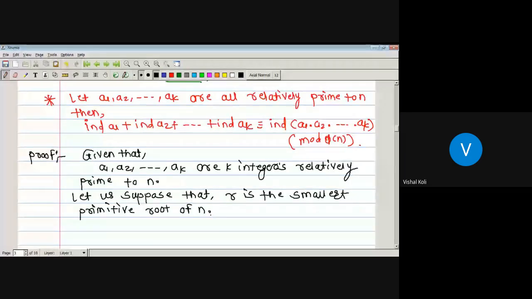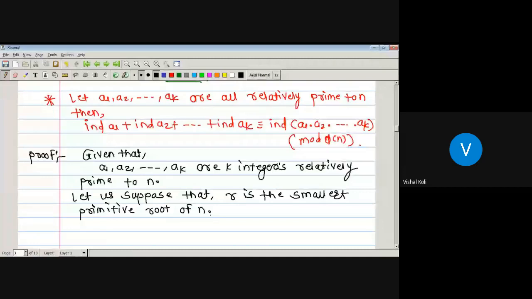Then by the index of a modulo n, if r is the primitive root of n and a is any integer relatively prime to n, then the smallest positive integer h such that r to the power h is congruent to a modulo n is called the index of a modulo n, that is h is the index of a.